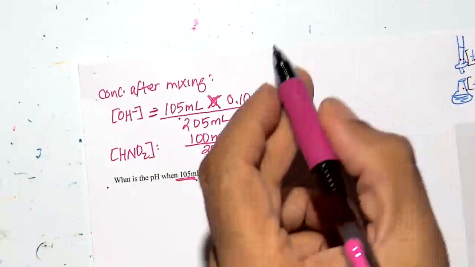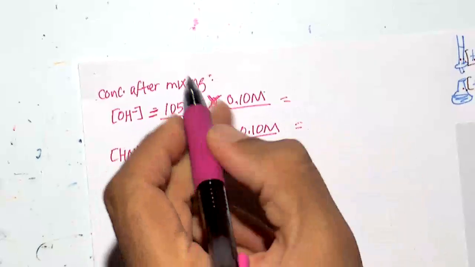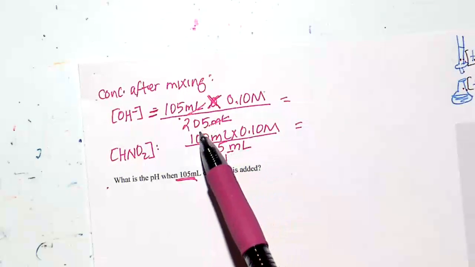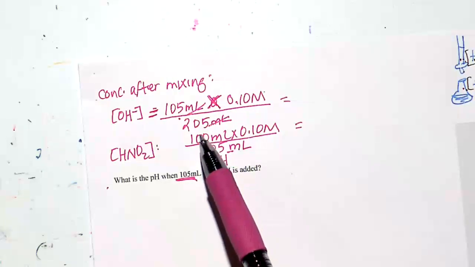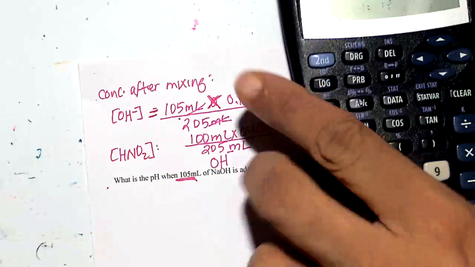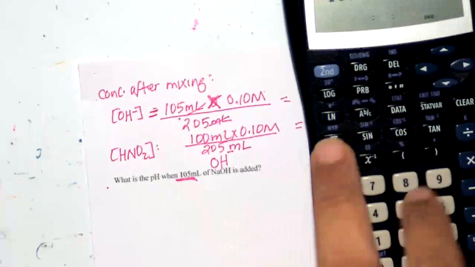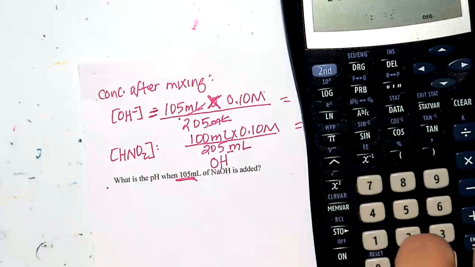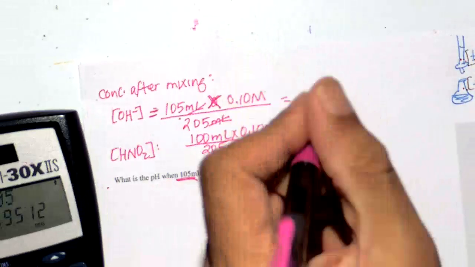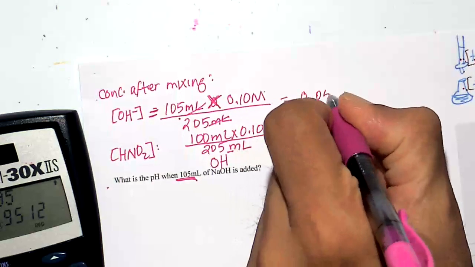Okay, 205 mLs. Okay, so the mLs cancel. So what's 105 times 0.1 divided by 205? 105 times 0.1 is 10.5. 10.5 divided by 205 is 0.0512. Is that what you guys are getting?